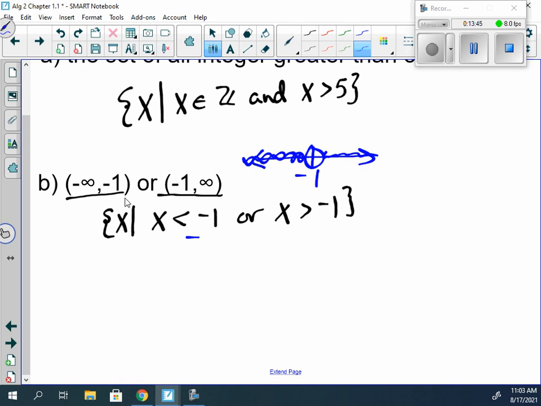Negative 1. So what we could say is, well, this is saying for all real numbers x, so everything, x cannot be what? Negative 1. Because that's the only thing x cannot be. So we would have this here. Any questions on this here, anything we've done so far?